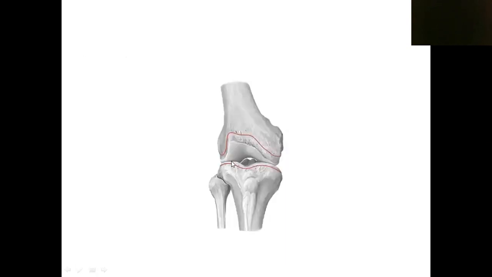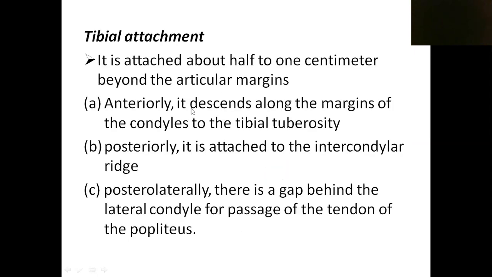See, here the articular margin is not very clear, even though the tip of the cursor is now on the articular margin of the articular surface, and a little bit away, half a centimeter away from the articular margin, in the tibia, this is the area of attachment. So it is attached half to 1 centimeter beyond the articular margin.